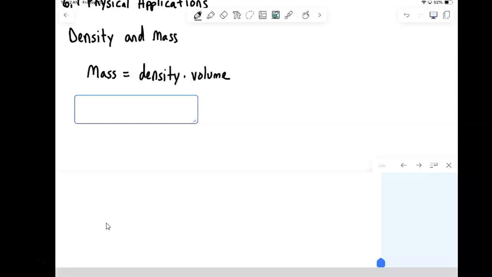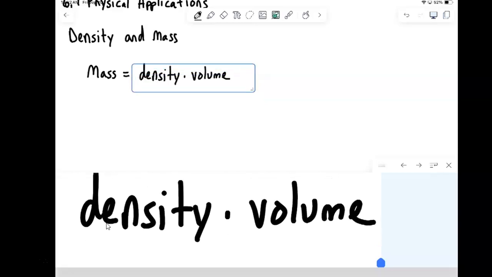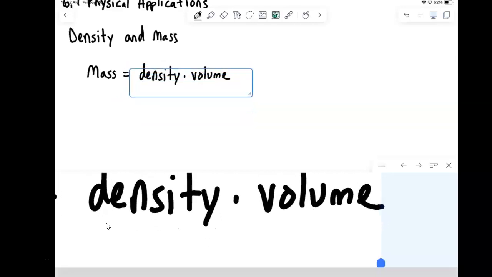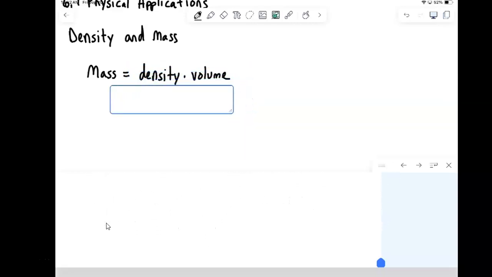Eventually, if you go on into Calculus 3, you'll be able to talk about density. Actually, you could have a density function that goes in 3 dimensions or 2 dimensions. For us, though, we're limited to looking at density in a very limited sense.